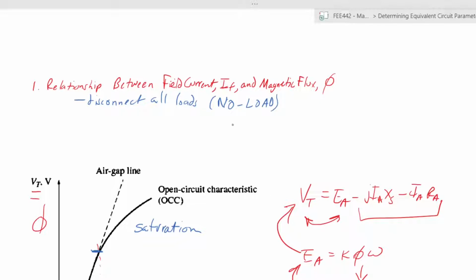You're running the generator free of any loads. Number two, you're running the generator at rated speed. So the speed that you would normally run it at, usually if it is for mains supply, whatever speed would give you 50 hertz is what you run the generator at.